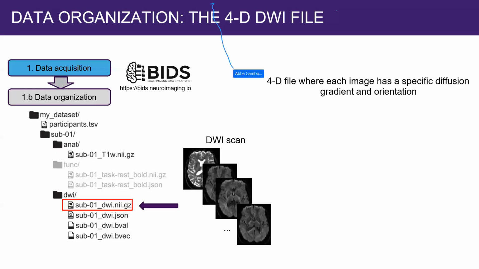You have the JSON file, which is like a text log that keeps all of the information about the image. And you have the bval and the bvec.